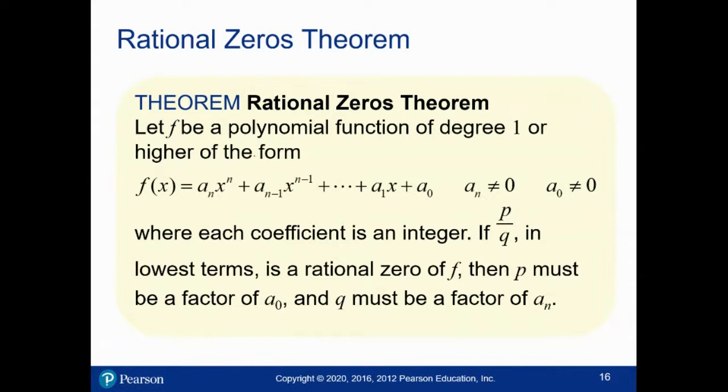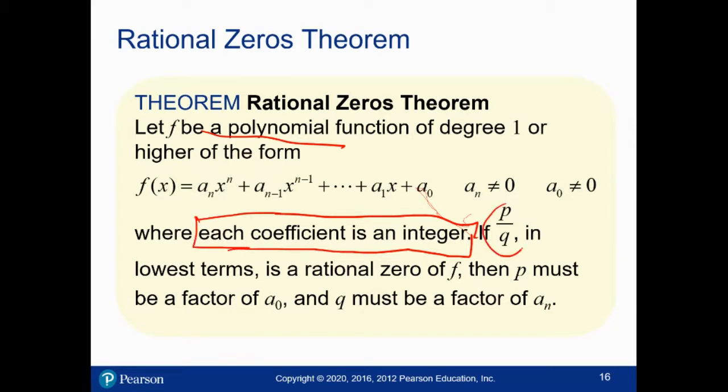Now, it only applies if I have a polynomial where every coefficient is an integer, aka a whole number. Could be positive or negative, but I don't have fractions or weird numbers as coefficients. Okay. If a fraction is a rational root, then the numerator must be a factor of the constant term.